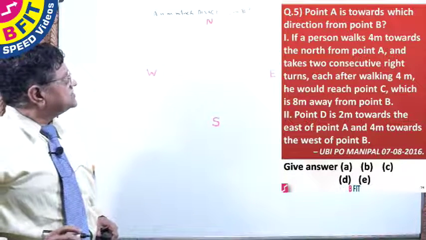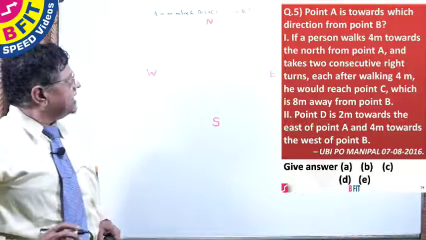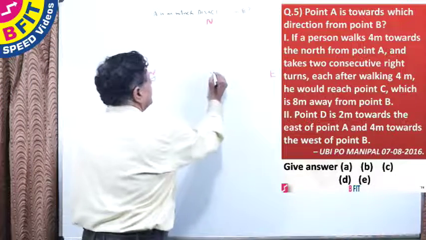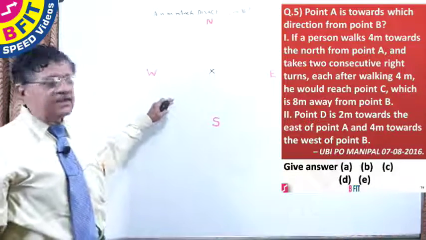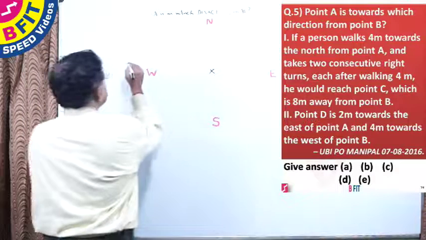What is the first statement? If a person walks 4 meters towards north from point A, we have our legend here. We start from point A. This is statement 1.